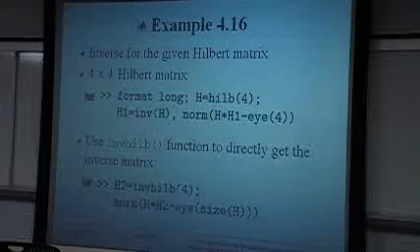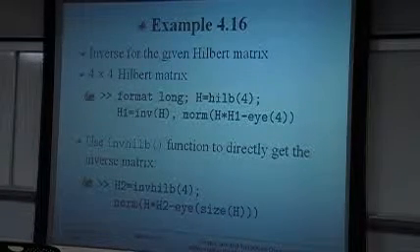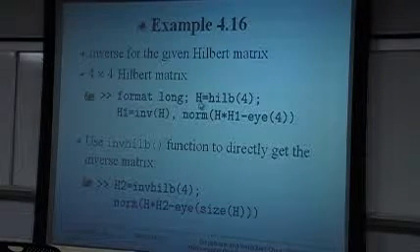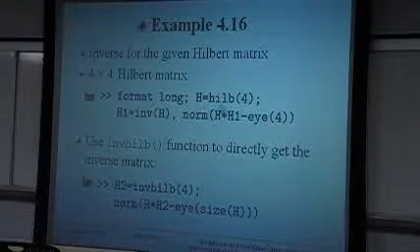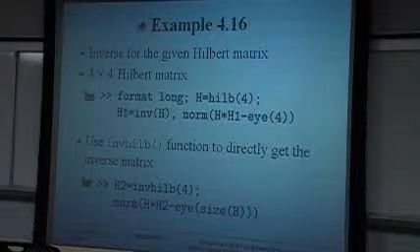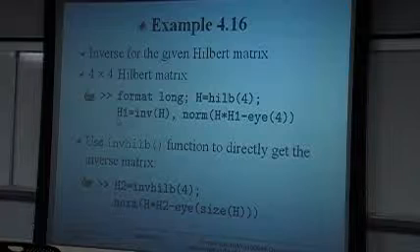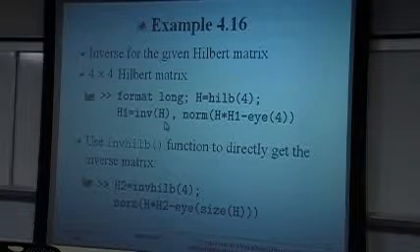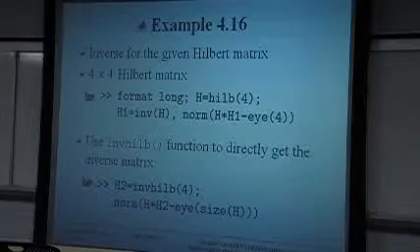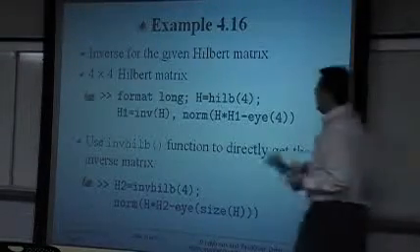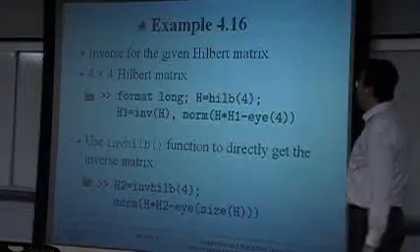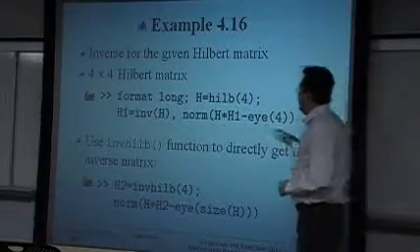Suppose there is a 4x4 Hilbert matrix. We can use this command to generate the 4x4 Hilbert matrix, and then we can use this command to find the inverse of the matrix. So now the question is whether the inverse matrix is correct or not. We have to validate the result.